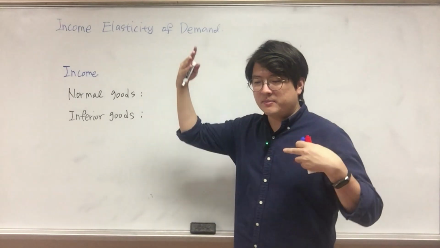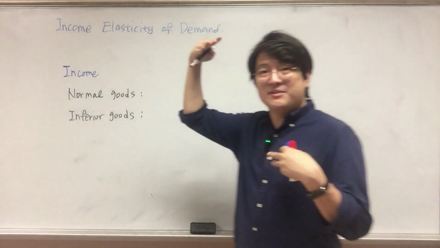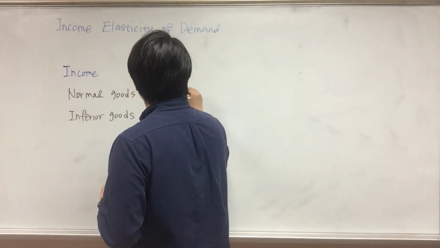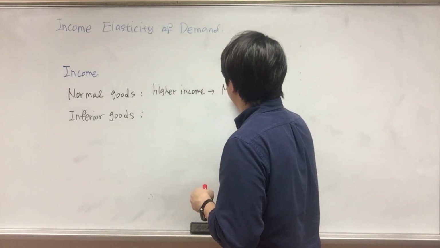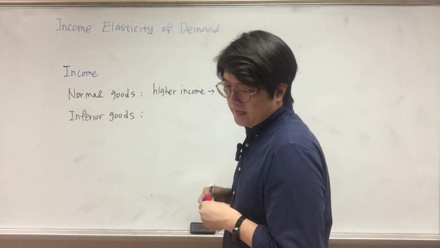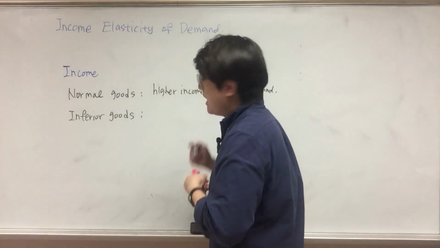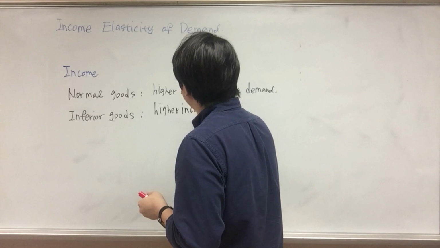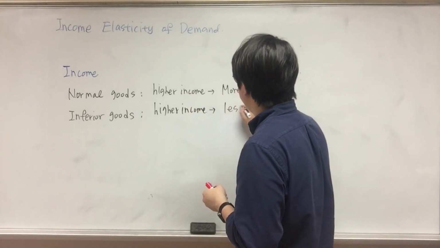So what was a normal good? If your income goes up, your demand for the product will also increase, right? So higher income, and more demand. On the other hand, for an inferior good, higher income means decreased demand, less demand.